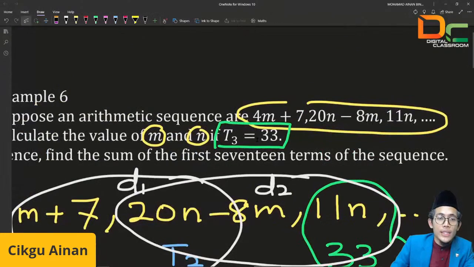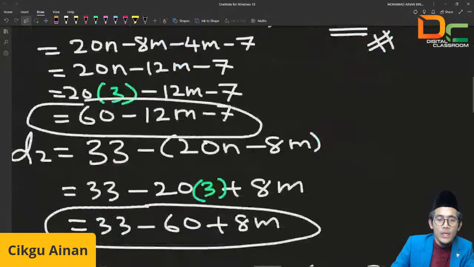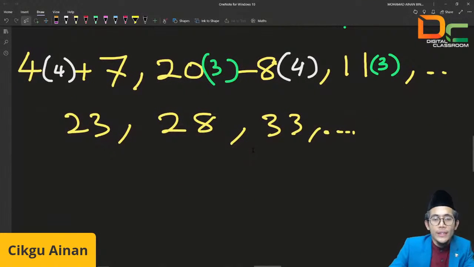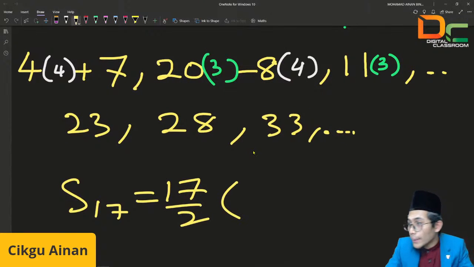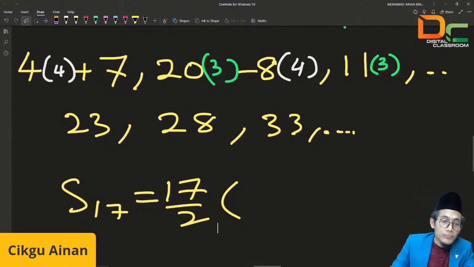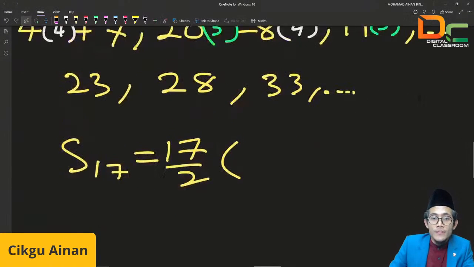So we have m and n. Hence, find the sum of the first 17 terms. So 17 over 2, double the first term.